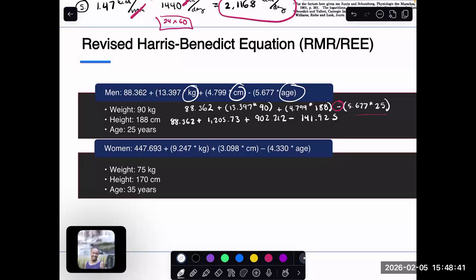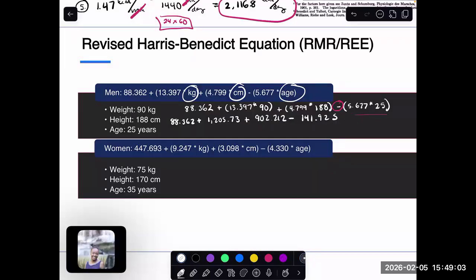Please hold while I add all these together. Plus 1205.73 plus 902.212 minus 141.925. And make sure you check your numbers before you submit them anywhere.